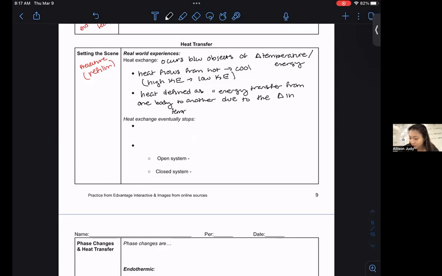So notice that the concept of heat is actually dependent on the inherent ability for it to be exchanged.